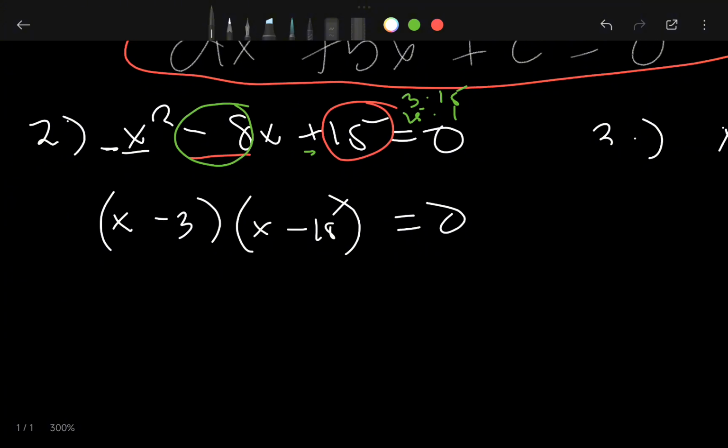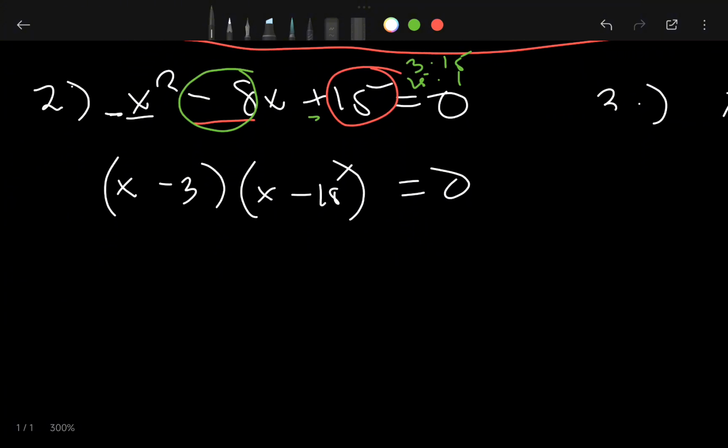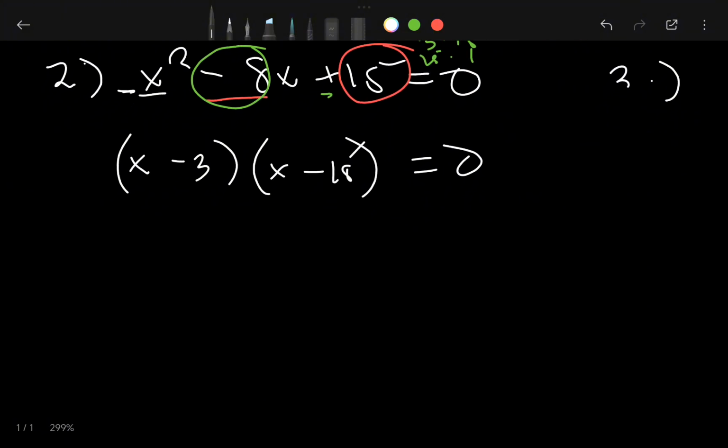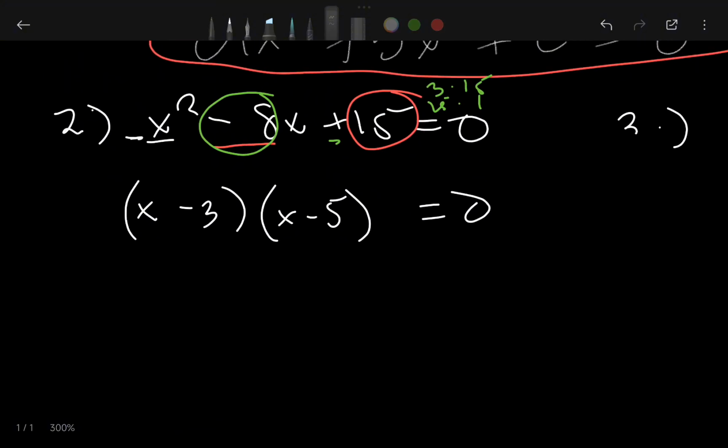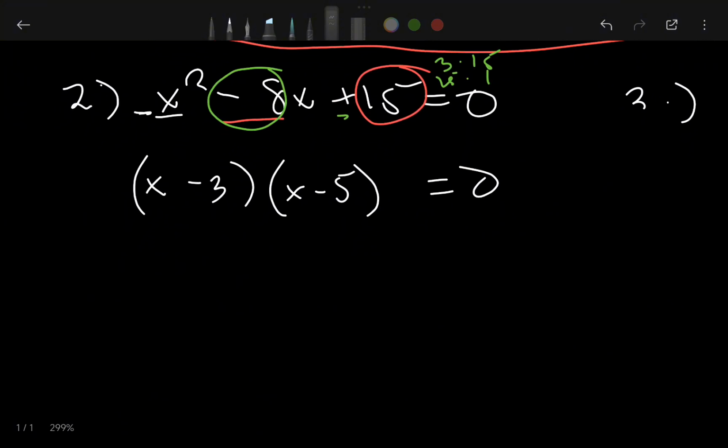Okay, so we have x minus 3 times x minus 5 is equal to 0. Sorry, this is not 15, this is supposed to be 5.